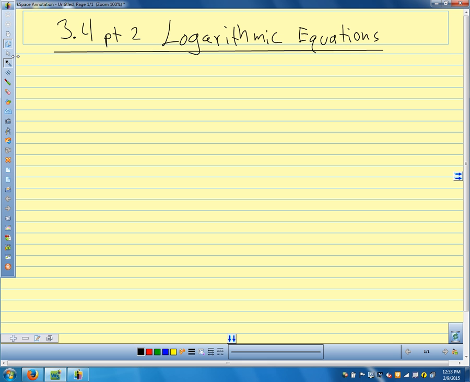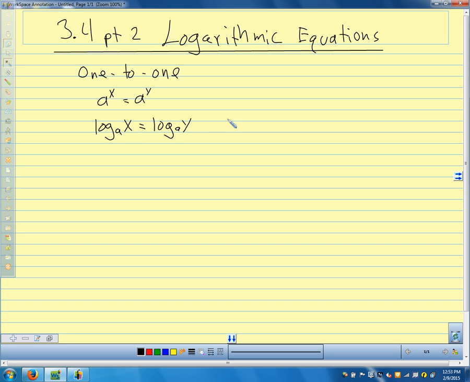All right, so just as a reminder, the properties that we use for exponential equations, and that we'll use for logarithmic equations, are the one-to-one properties for our functions. So a to the x equals a to the y, and log base a of x equals log base a of y.